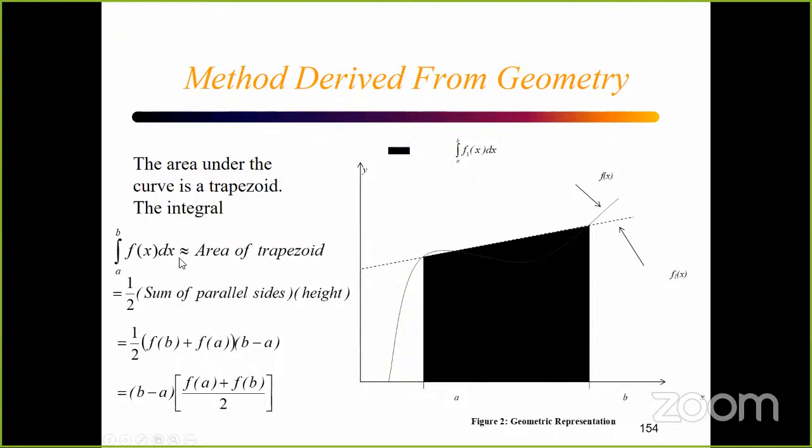The area is the sum of the parallel sides multiplied by the height, and half of that value gives you the area of the trapezoid. That means one over 2 times the value of the function at b and at a, times the step size b minus a, gives you the value of the integral. So b minus a times f of a plus f of b over 2 gives you the integral value.